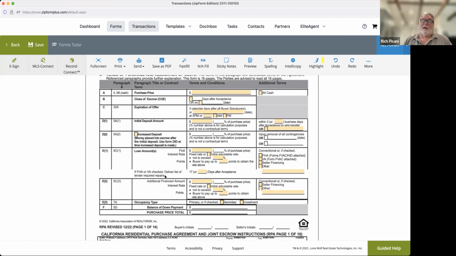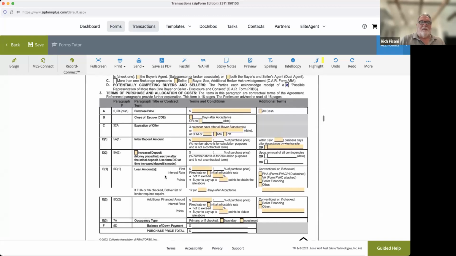Now, getting into the crux of the offer, the first thing is the purchase price. How much are they offering? You will see that the terms of the agreement is item 3, then it goes A, B, C, and so on. But then there is another section that says paragraph number, and it gives different numbers.